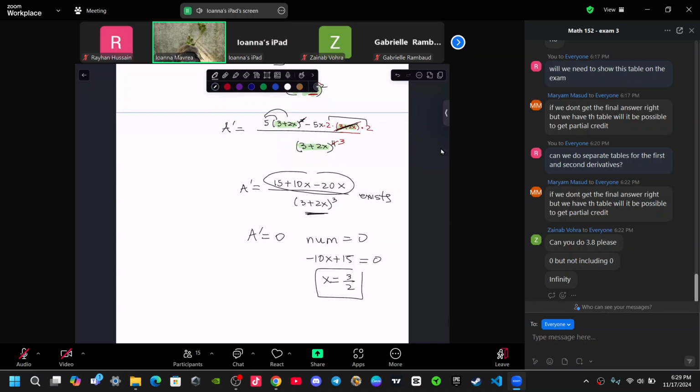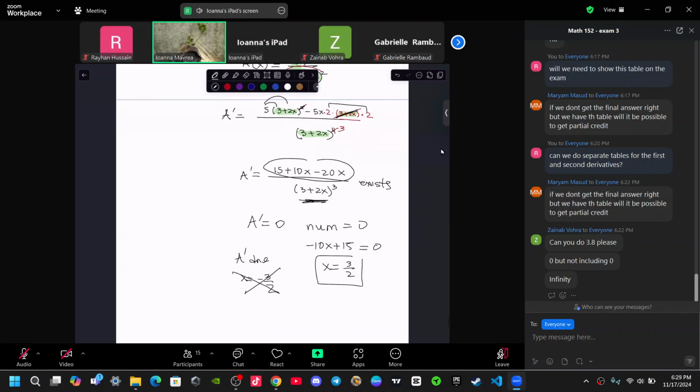And then you say the derivative does not exist when the denominator is 0. So x is equal to negative 3/2. Clearly, that's not good, because x is a length, and you can see it's on the right. So here you only have one critical point.